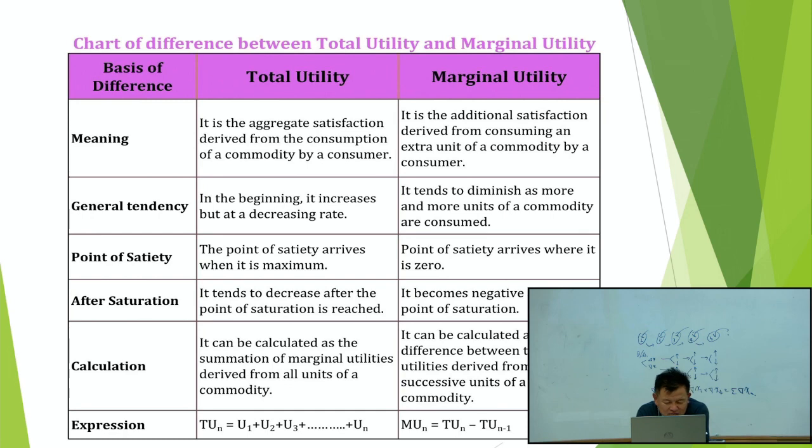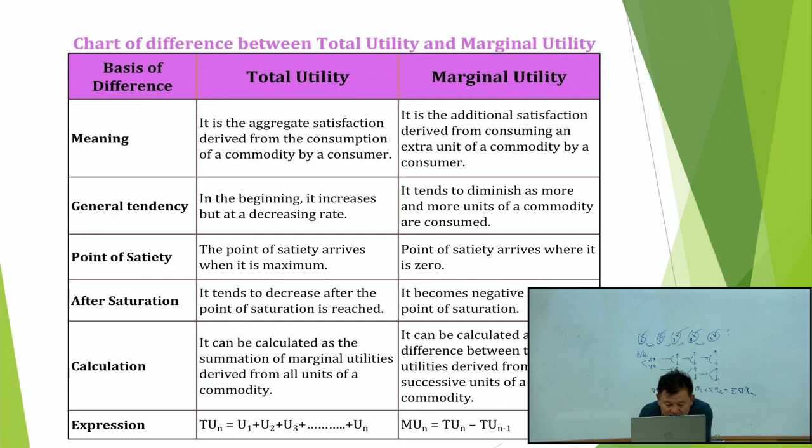So how do we calculate it? The total utility can be calculated as the summation of the marginal utility derived from all units of the commodity. All units, just plus, and then we can calculate the total utility for n units consumed. On the other hand, the marginal utility is one more added utility consumed.